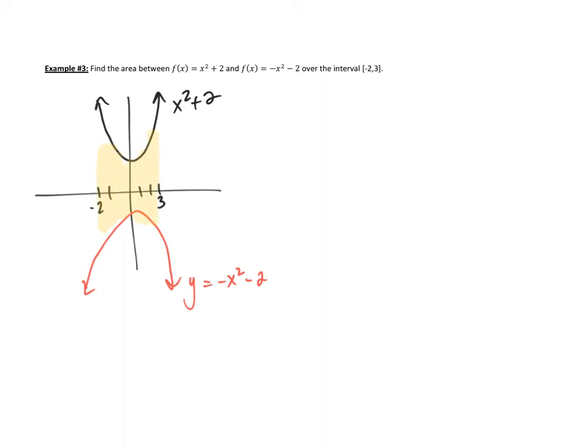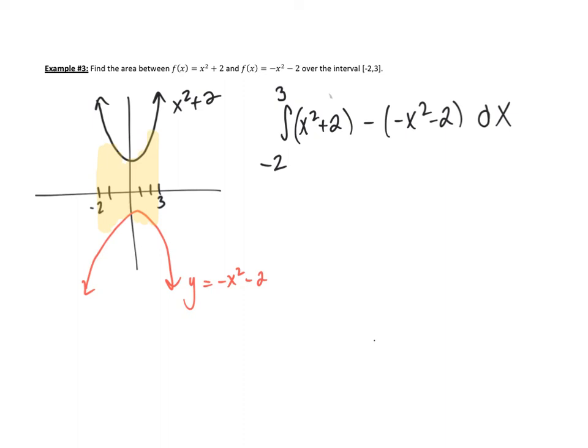I want the area between those two curves. So it's clear which one the top is and which one the bottom is. Whoops, sorry about that. Let's erase that. So my top is x squared plus 2 minus the bottom, negative x squared minus 2 dx over the interval from negative 2 to 3.